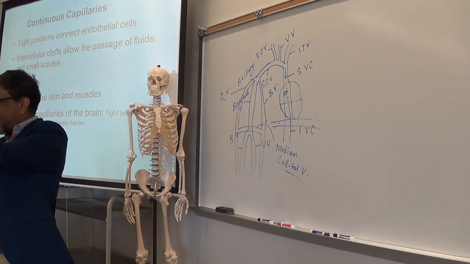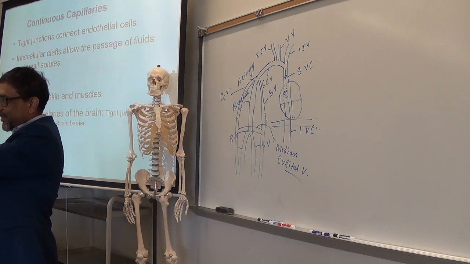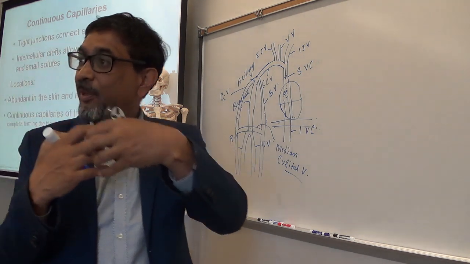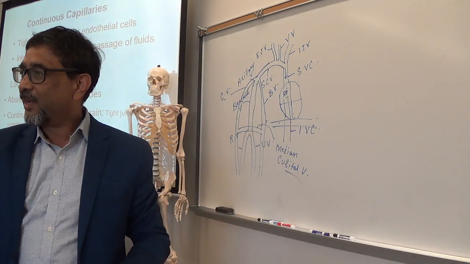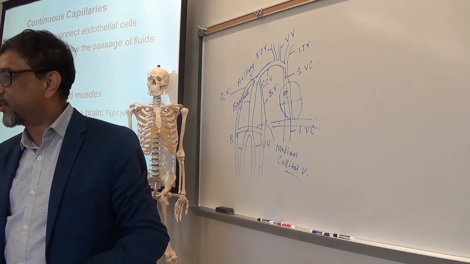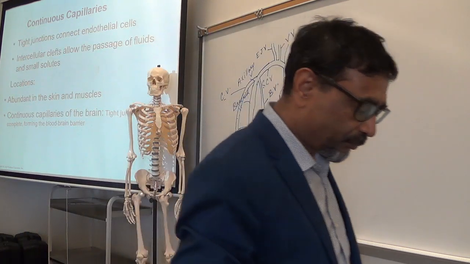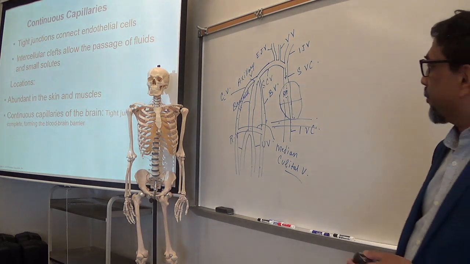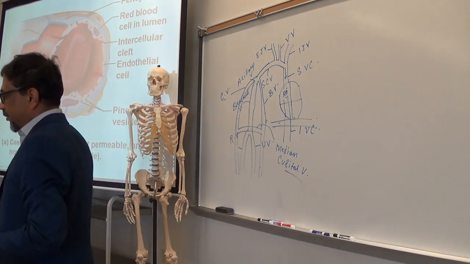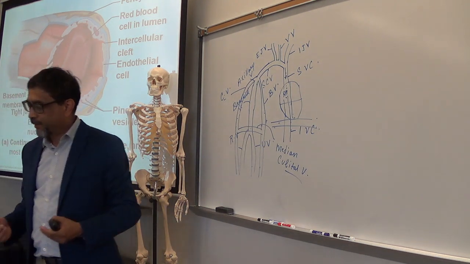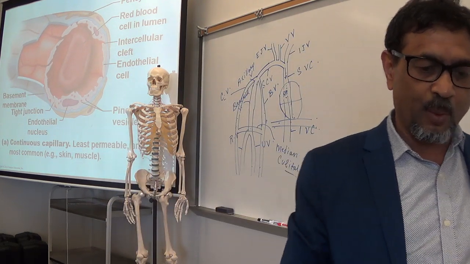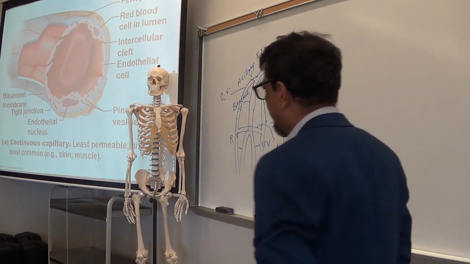The barrier between the blood and the brain. Make sense? So the toxic chemicals will not be able to cross it. Okay? But nutrients, right? Glucose and other, oxygen and nutrients should be able to pass. Okay. So continuous capillaries are present in the skin, muscles, and brain, but in the brain, the wall is different, less permeable, and that wall is called the blood-brain barrier.